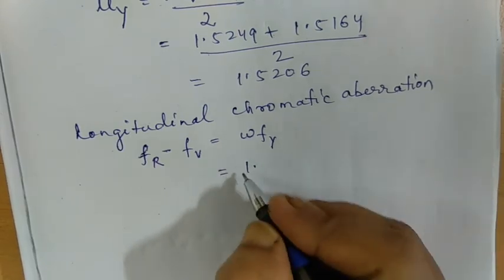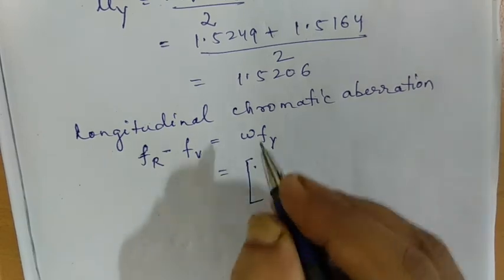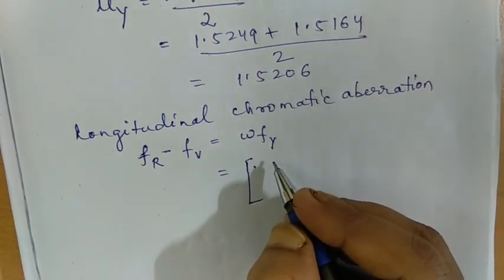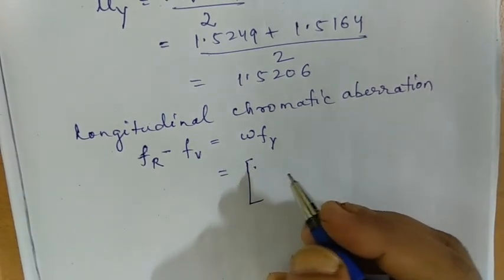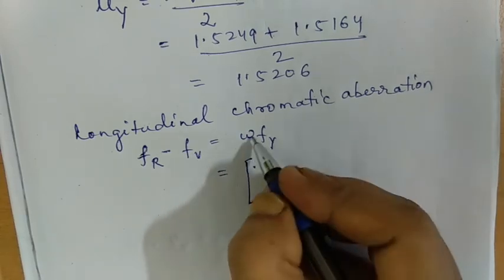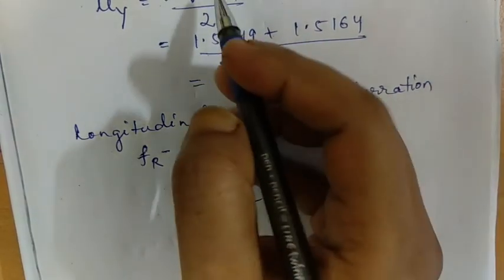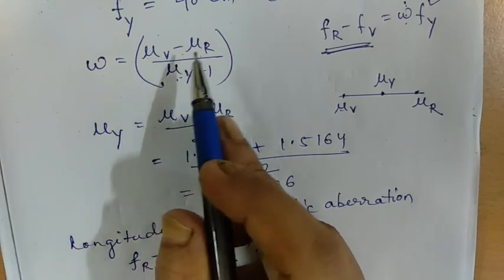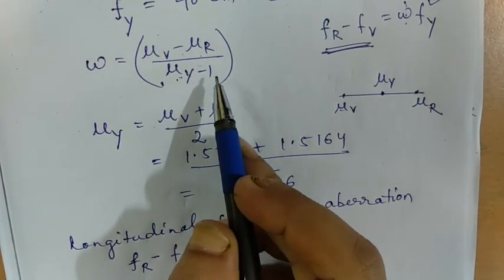You just put the values of omega, that is, omega is equal to mu V minus mu R divided by mu Y minus 1.